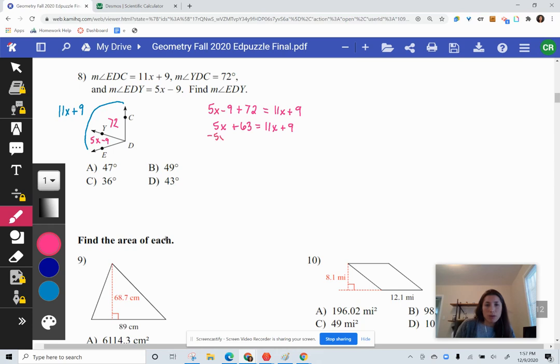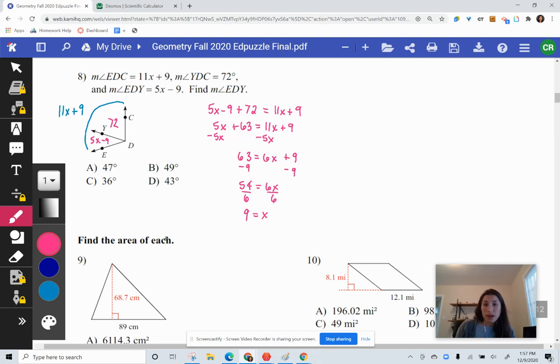I like to bring all my variables to one side, so we'll subtract the 5x. That gives us 63 equals 6x plus 9. Subtract 9 on both sides. That's going to be 54 equaling 6x. Divide by 6. And that's going to be 9 is our value of x.